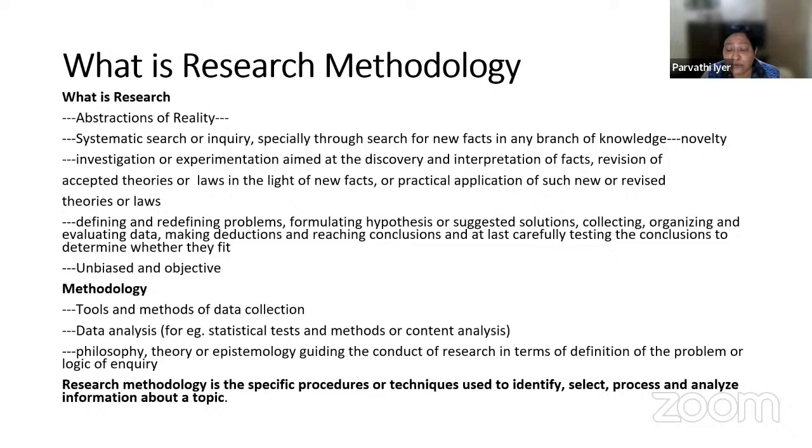Now, again, when we talk of research methods, because we are talking about methodology and methods, there is also a tendency to confuse research design and research method. In research design, you are basically trying to formulate a detailed plan of analysis in order to find answers to your research question.